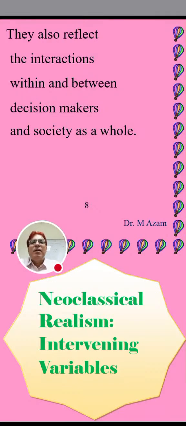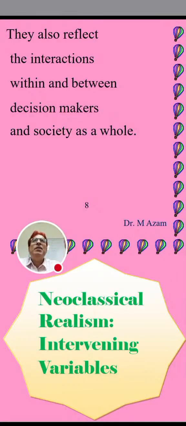These models also reflect the interactions within and between decision makers and society as a whole. Interactions between society and leaders, and interactions within the decision makers. For example, interactions between the foreign minister and the interior minister.